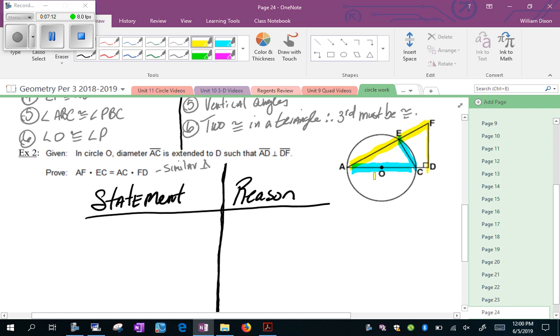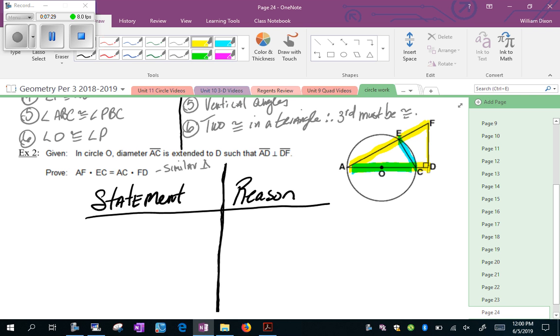All right, so I need to prove that those two triangles are similar. That's AFD and ACE. I have to prove that those two are similar. All right, in order to prove similarity, I'm going to approach this with angle, angle.